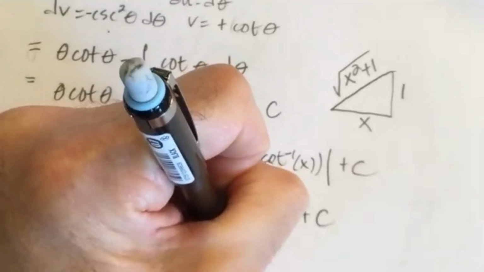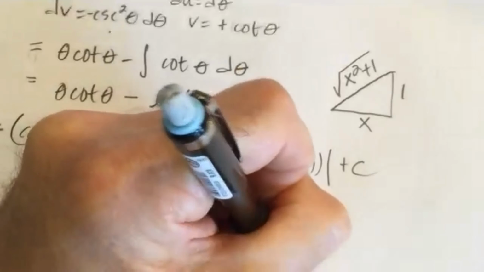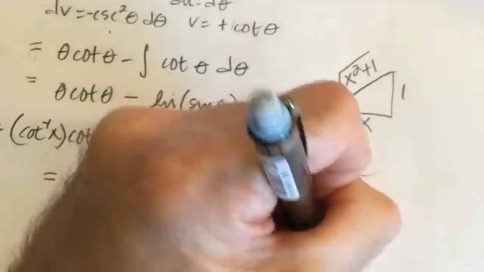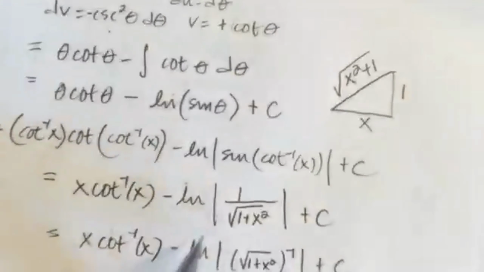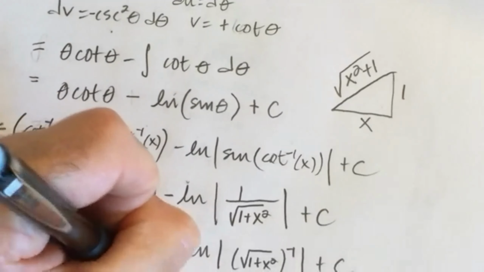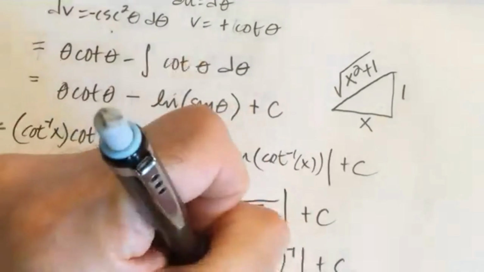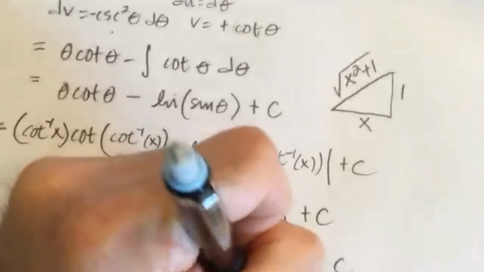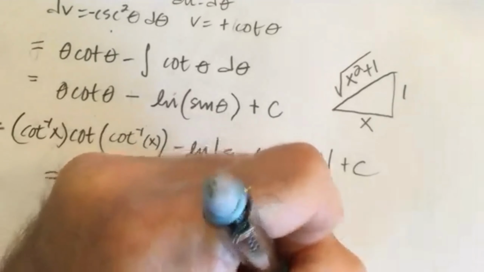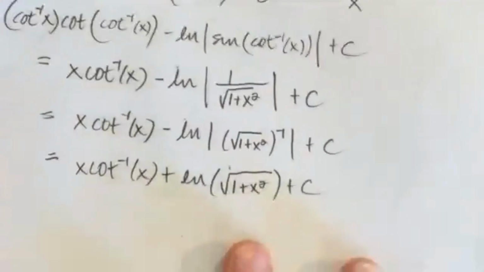This is square root 1 plus x squared to the -1 power. This power comes down in front, making that a positive. And now we got the log of the square root of 1 plus x squared plus C. I would say that is about as simplified as we can get it.